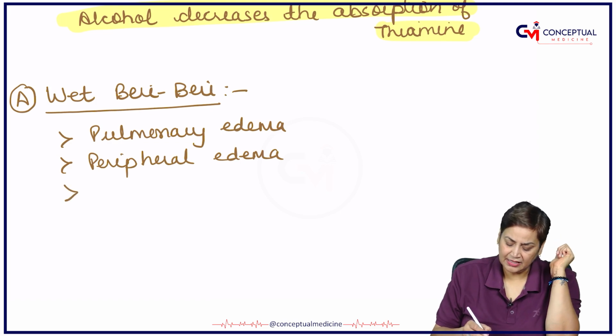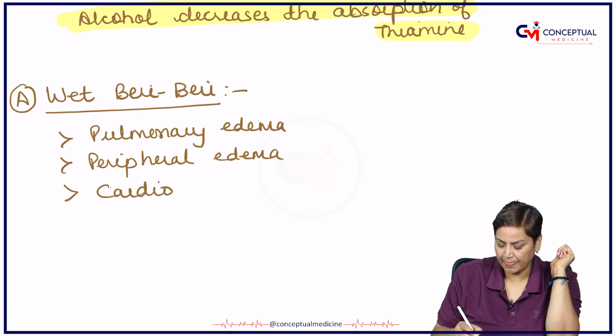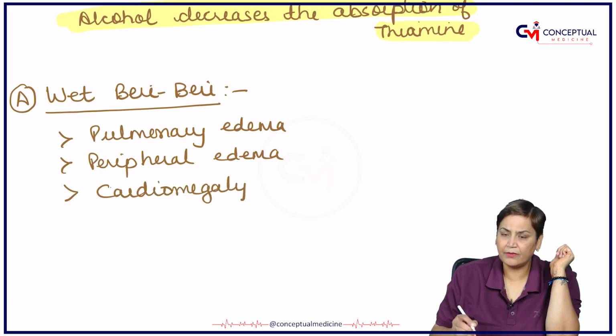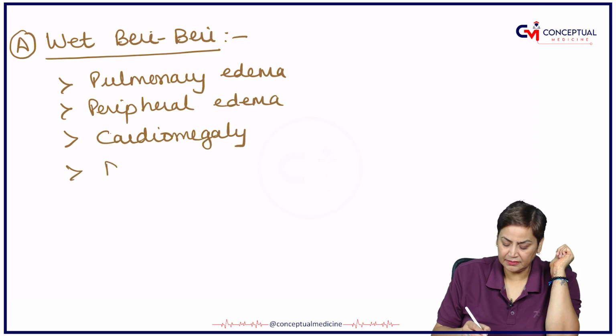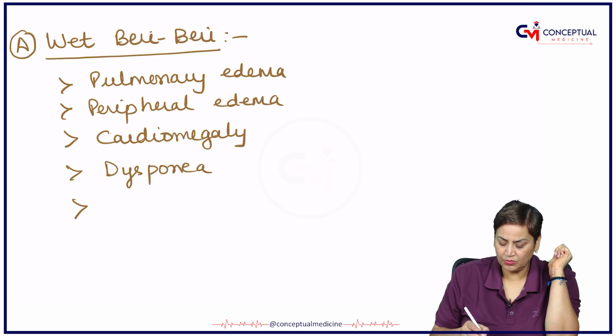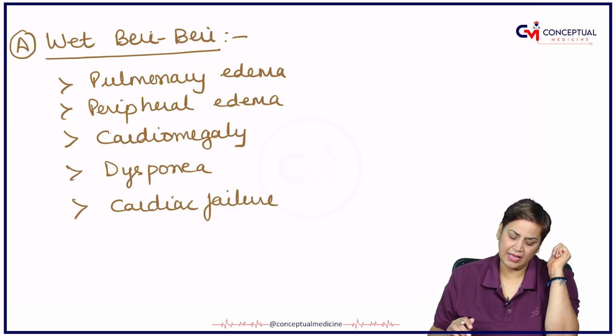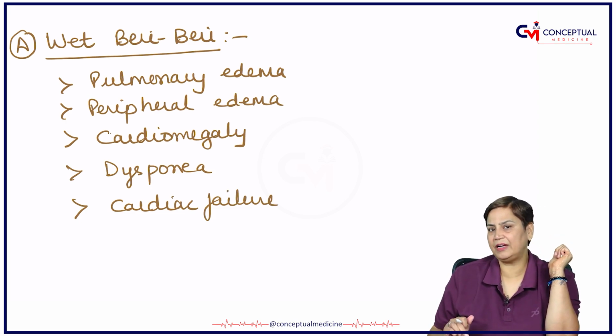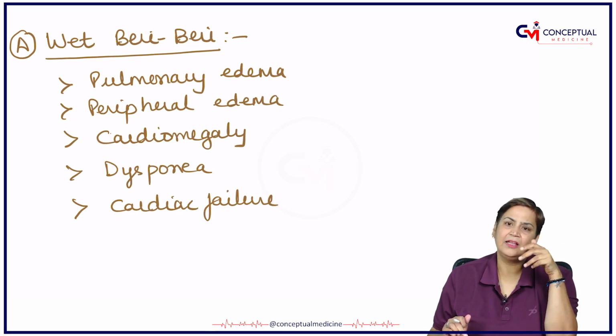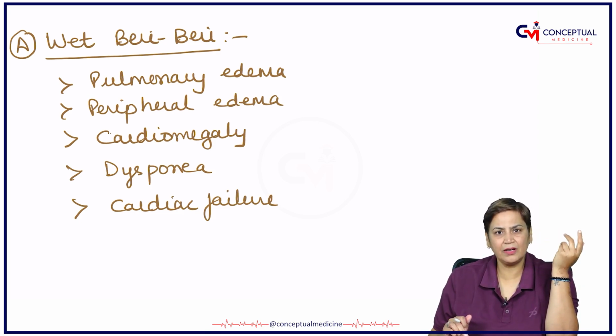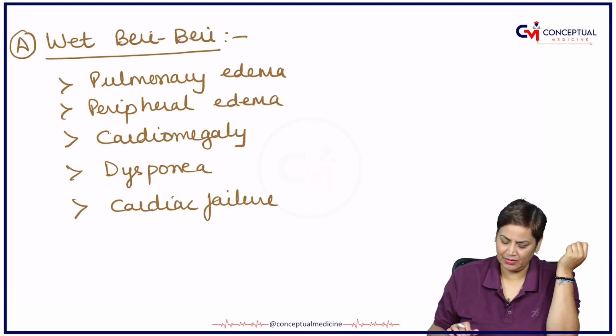Then cardiac failure is there. First of all, cardiomegaly, right? Then it will lead to dyspnea, and it will lead to cardiac failure, right? And the basic difference between wet beriberi and dry beriberi is that in dry beriberi it is going to affect the peripheral nervous system and no edema will be there. Wet, so obviously edema will be there.